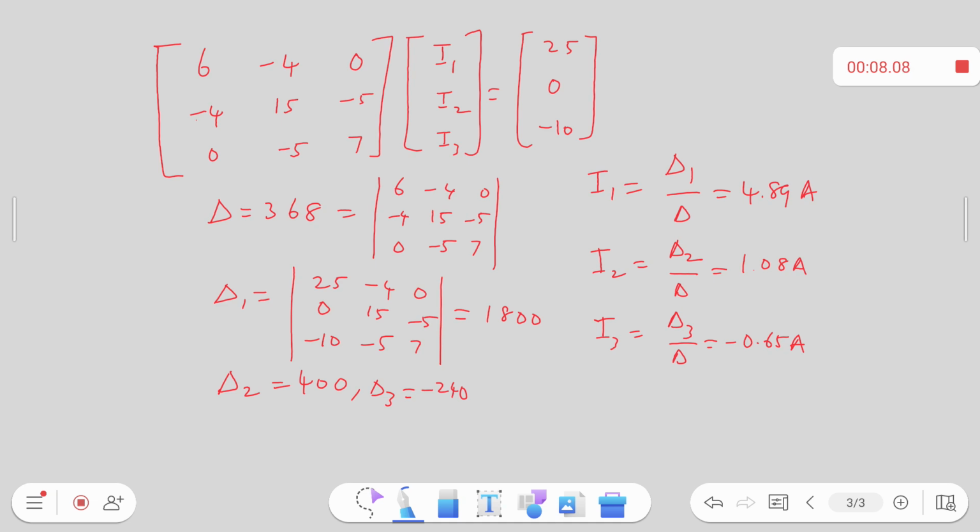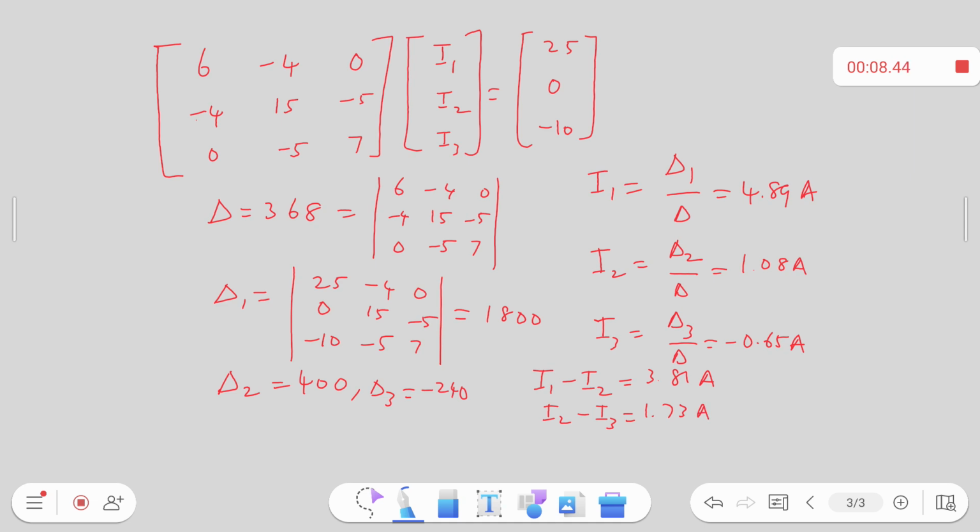Then branch currents are also required, so we are going to calculate I1 minus I2, where the common resistance is between I1 and I2, and I2 minus I3, where the common resistance is 5 ohms between I2 and I3. These two values give you I1 minus I2 as 3.81 amps, the current flowing through that particular branch, and here it is 1.73 amps, which is I2 minus I3.